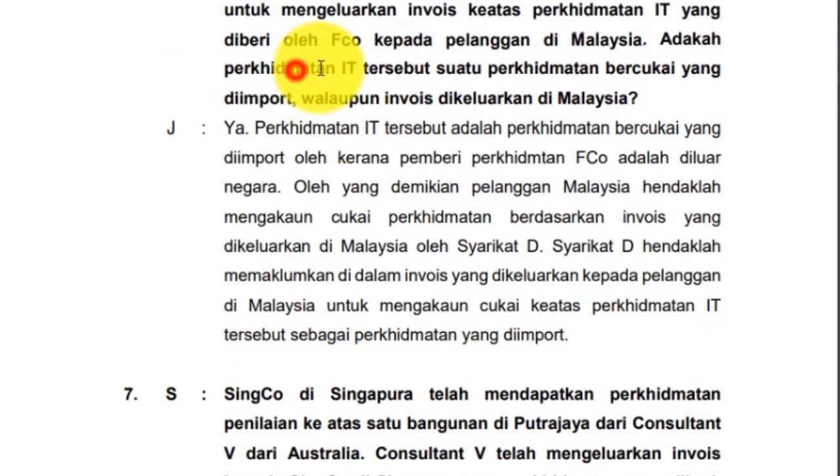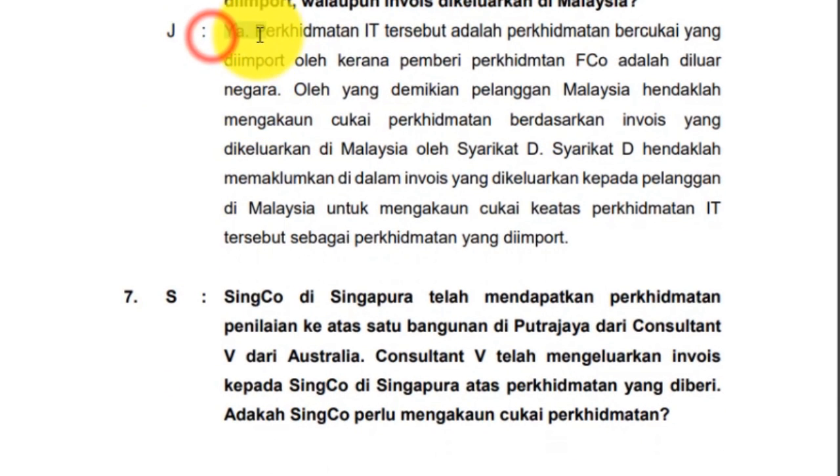So is this IT service a taxable service that is imported even though the invoice is issued by a Malaysian company? Yes. Okay, that taxable service is an importation of taxable service from company FCO.